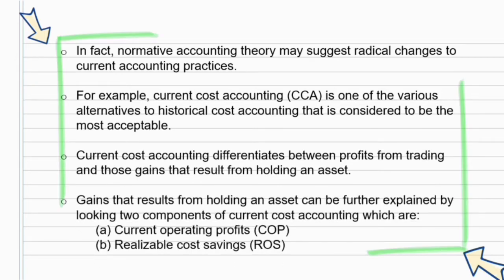As I mentioned before, normative theories of accounting are not necessarily based on observation and therefore cannot be evaluated on whether they reflect actual accounting practices. In fact, normative accounting theory may suggest radical changes to current accounting practices.